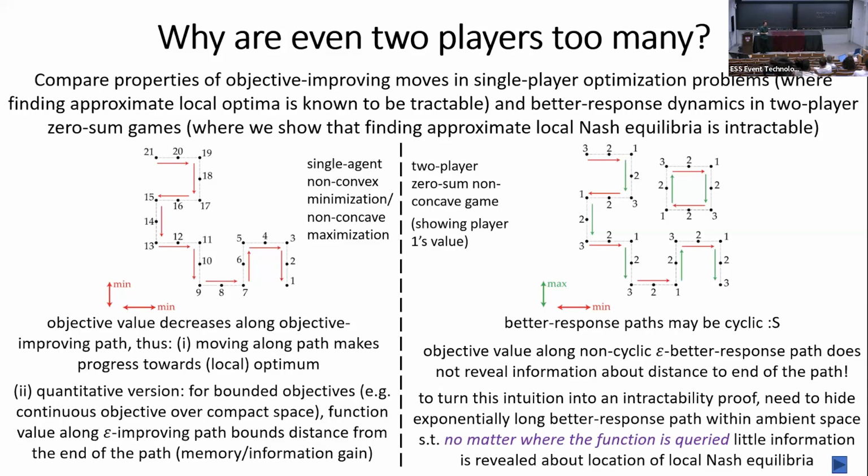Because I'm trying to prove a general query lower bound, there's no constraint that the algorithm is only going to query along a best response path. As far as I know, the algorithm could do other weird things. It could query all over the place and use that information to decide where to query next, and so on and so forth, right?